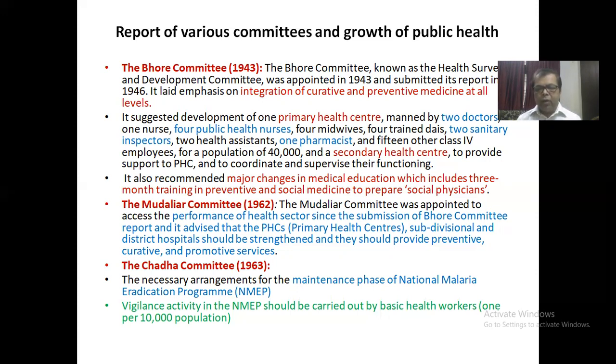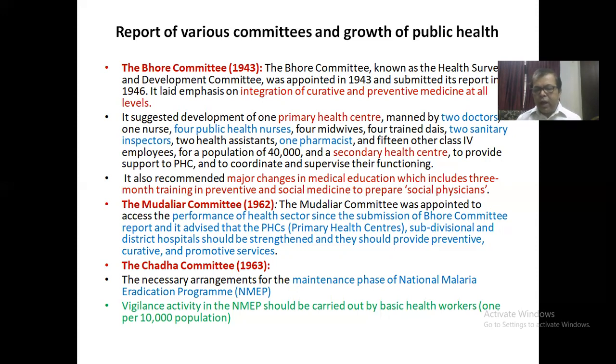The Mudaliar Committee was appointed to assess the performance of the health sector since the submission of the Bhore Committee report, and it advised that the primary health centers, subdivisional and district hospitals should be strengthened, and they should provide preventive, curative, and promotive services. So the 1962 report submitted by the Mudaliar Committee is talking about some kind of assessment of the situation after the Bhore Committee, and then it advised that the PHC, the subdivisional and district hospitals should be strengthened.